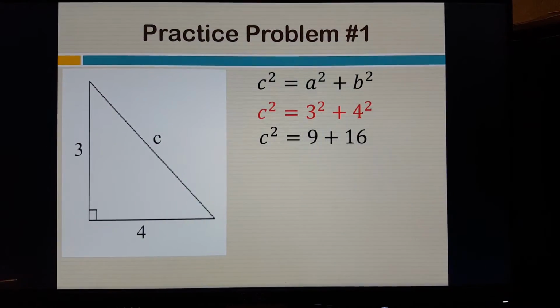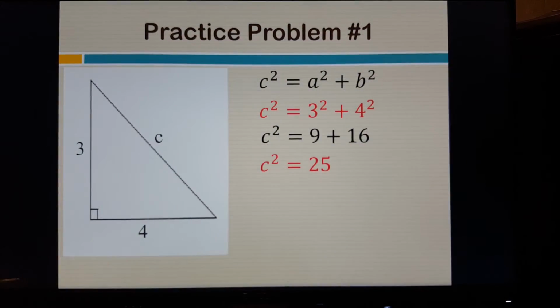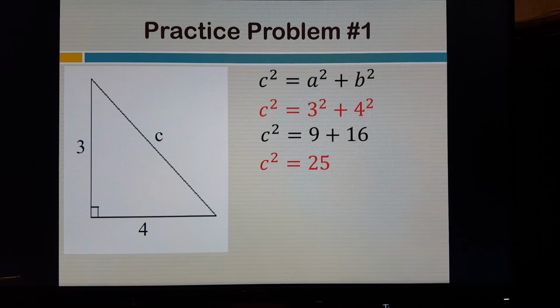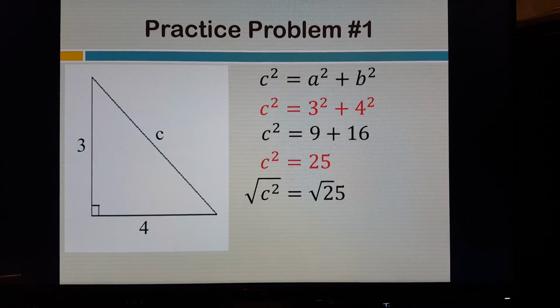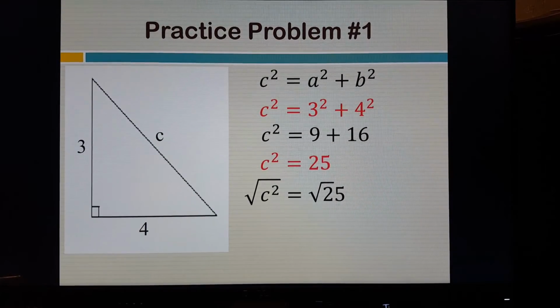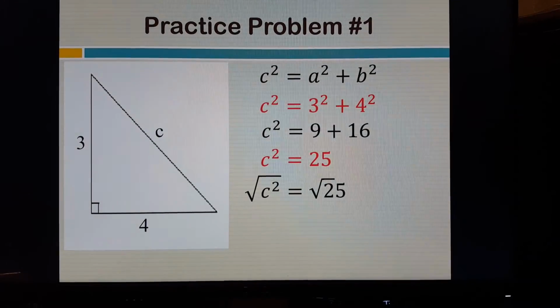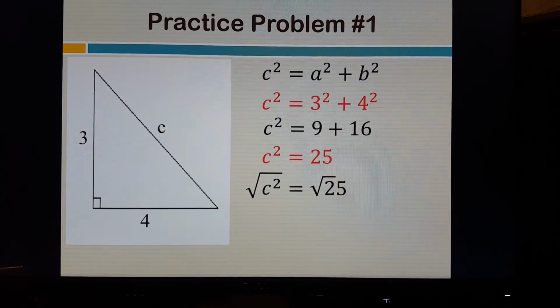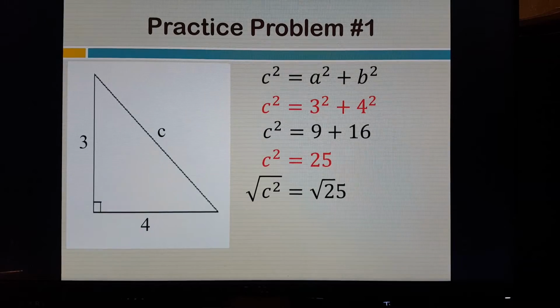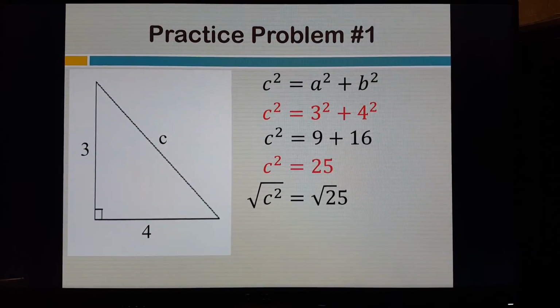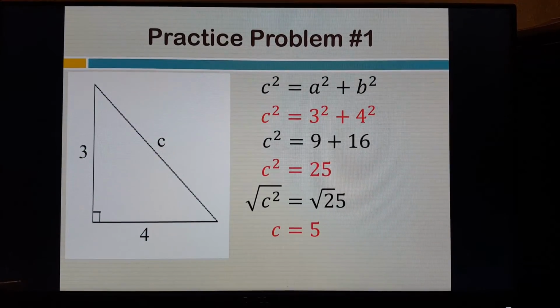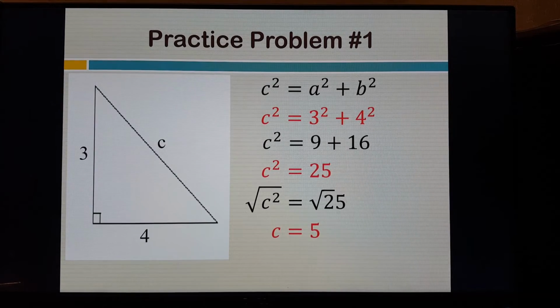You get 9 and 16. Add those two together and you get 25. Then you take the square root of the C squared and the 25. The square root takes away the square on the C. That leaves you with C is equal to 5.